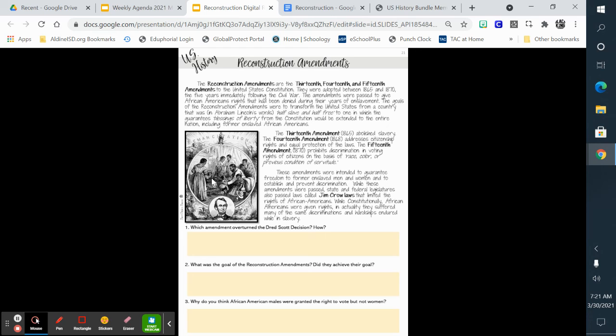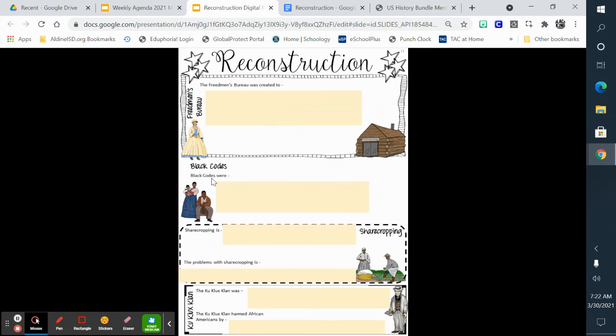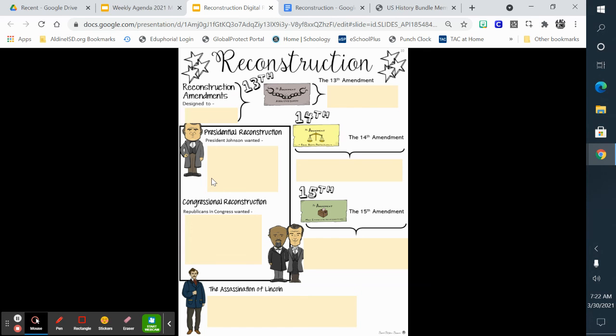Remember, the 13th set them free, the 14th gave them citizenship, and the 15th Amendment gave them the right to vote. So in your activities today, make sure once you finish up the information in the reading that you come back and you do the Reconstruction Amendments. What were they designed to do? Tell me what the 13th Amendment was, the 14th Amendment, and the 15th Amendment.